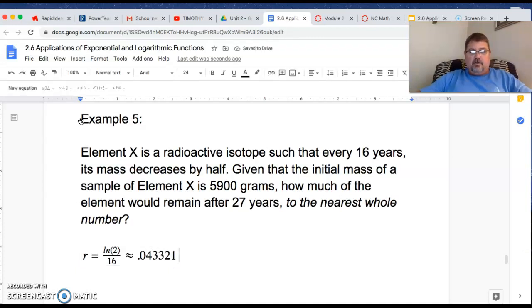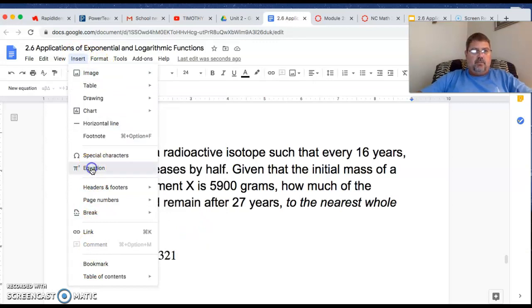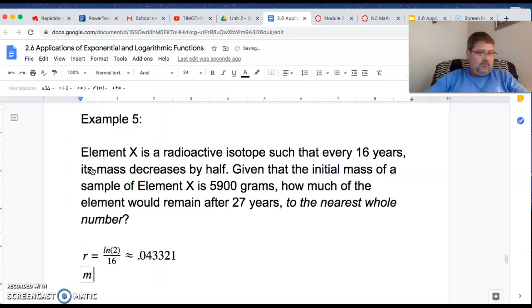Now again, we're going to plug that number in for our rate, and we can solve it just like this. We're looking for m of 27, right? M of 27 is the initial amount, 5,900, e raised to the negative, don't forget the negative exponent, 0.043321 t. You're telling me it's 27, and we need to calculate that.